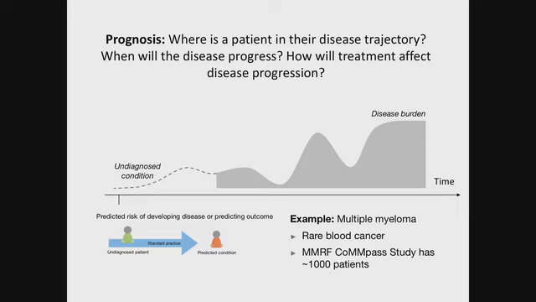The patient might begin treatment, and that treatment might, for example, start to influence the disease burden, and you might see a drop in disease burden initially. If this is a cancer, unfortunately, often we'll see recurrences of the cancer, and that might manifest by an uphill peak again, where the disease burden grows. And once you start second-line treatment, that might succeed in lowering it again, and so on. And this might be a cycle that repeats over and over again.